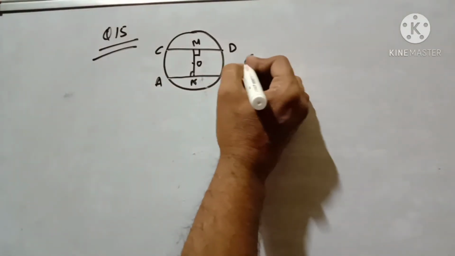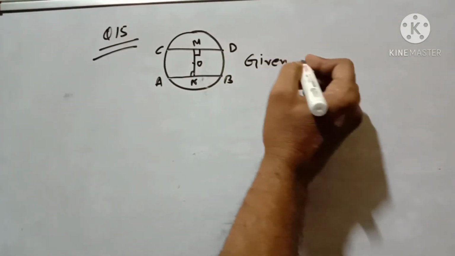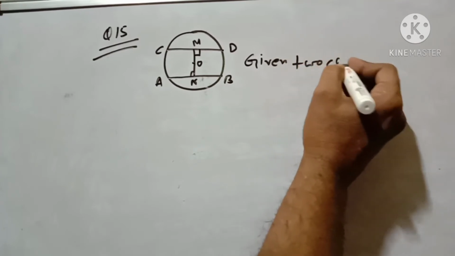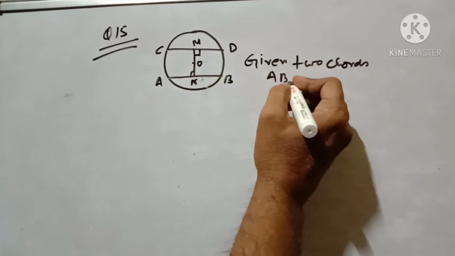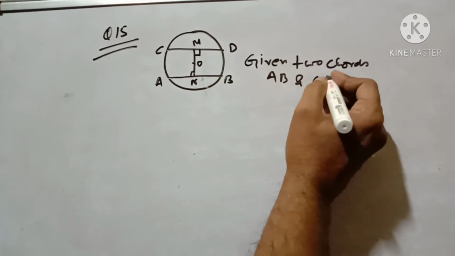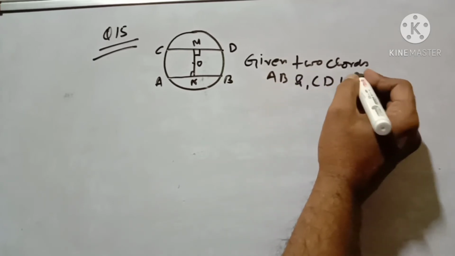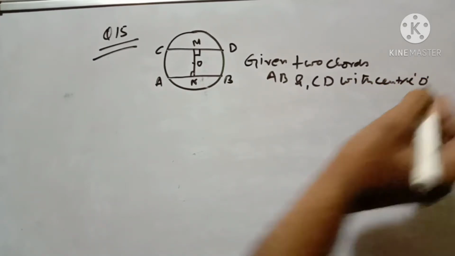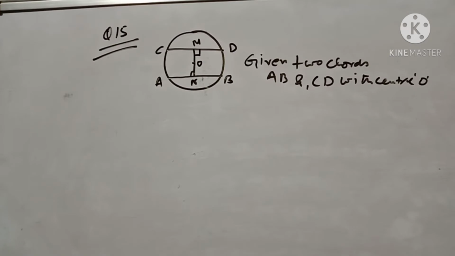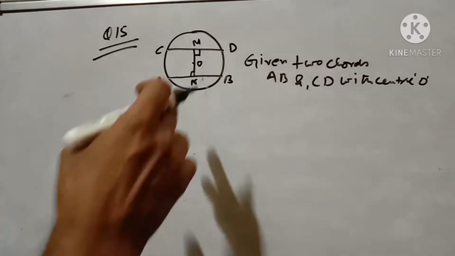Given: two chords are AB and CD with center O.